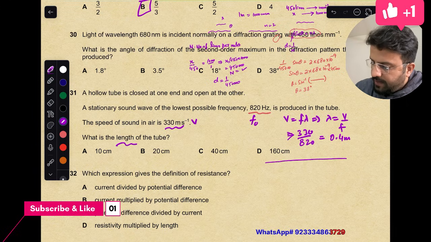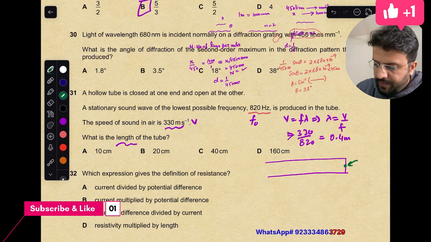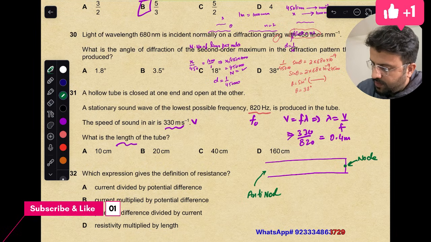Okay, what we have is a tube whose one end is closed. As we know, when there are stationary waves, there will be a node at the closed end, and there should be an antinode at the open end of the tube. It will be like this.